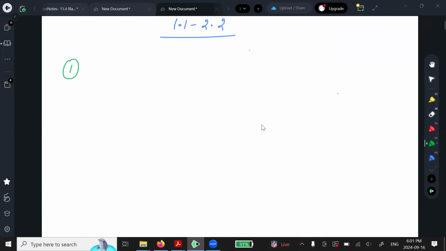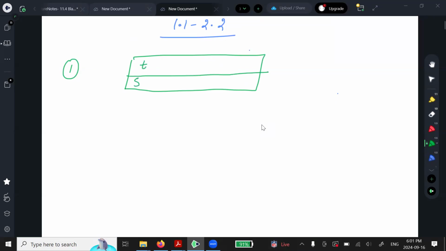you are given a table that shows the number of cars sold per month. So a table is given here, right? Time t and S of t is the number of cars sold. Time t is measured in weeks.